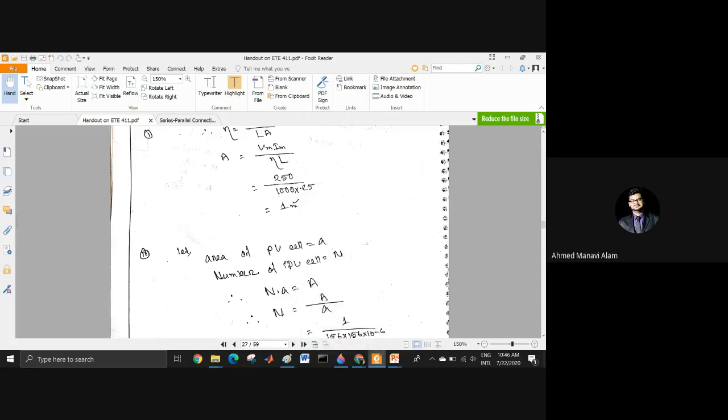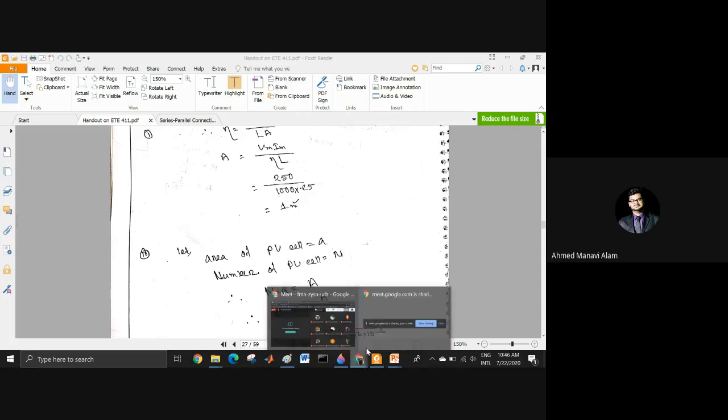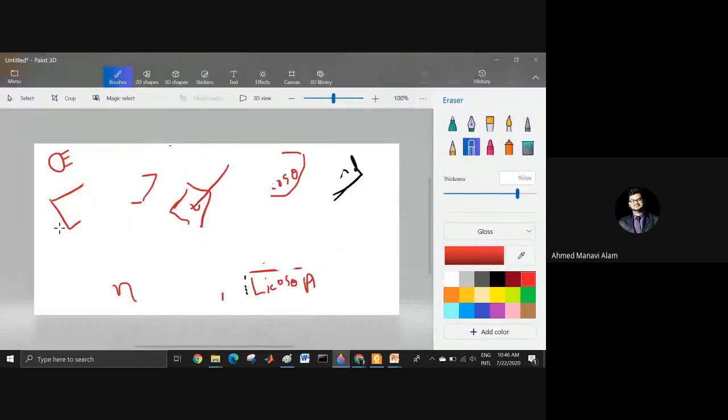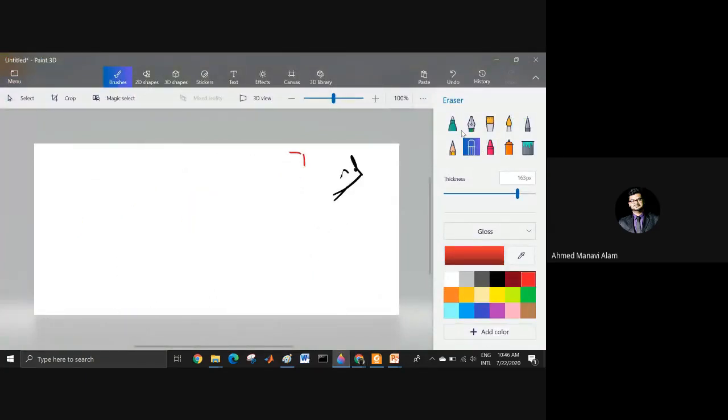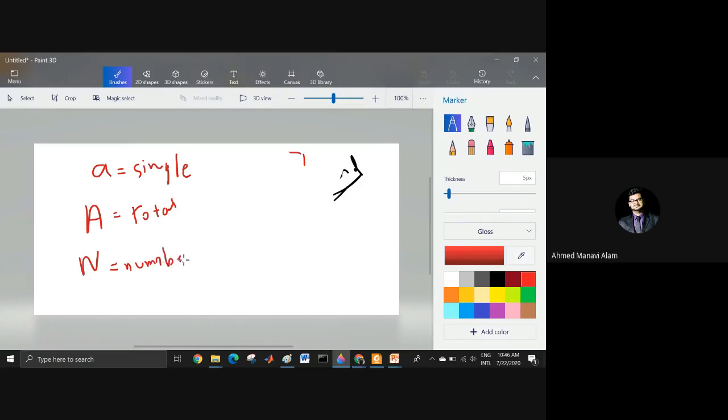Area of a single PV cell, let me show it here. Area of a single PV cell is, suppose, a. This is the total. N equals the number of PV cells.